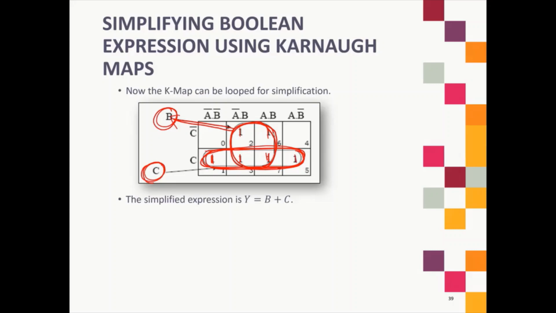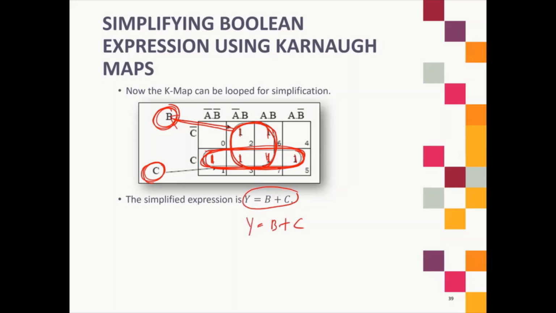You need to find the same variable in each loop. That is how you find the simplified term. And lastly, you OR both product terms. So that's why you will get Y equals B plus C.